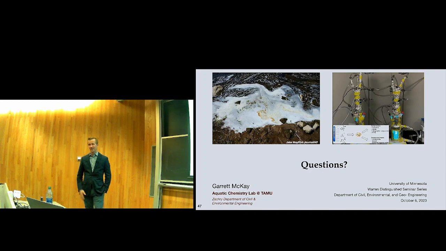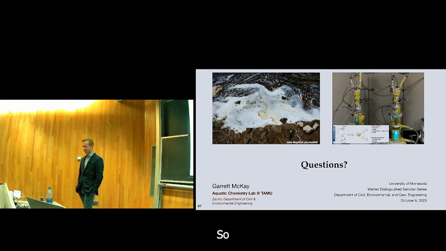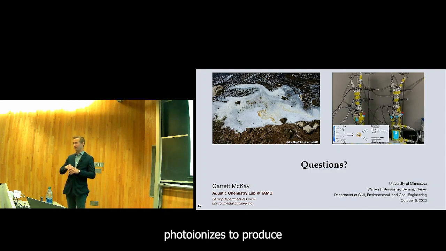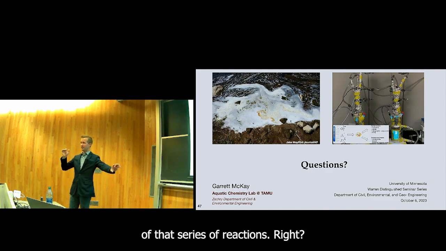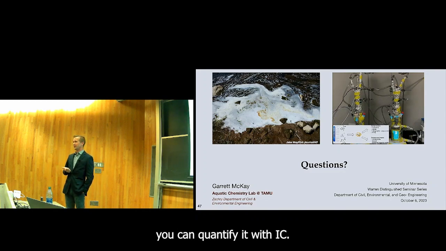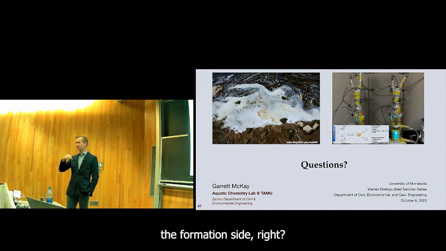Yeah, that's a really great question. So on the formation side, sulfite is serving as the electron source. When you irradiate sulfite, it photoionizes to produce that aqueous electron, and sulfate is one of the end products of that series of reactions. You can quantify sulfate with IC, and we see it in our peaks, but it tends to be pretty broad. We didn't optimize measuring sulfate, and that only gives you the formation side.